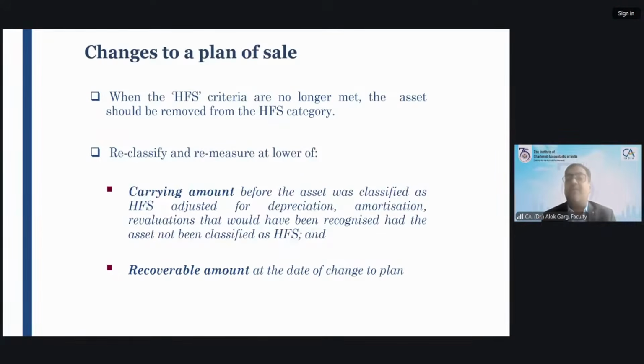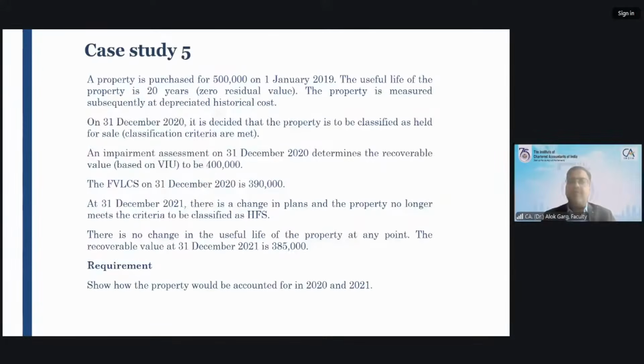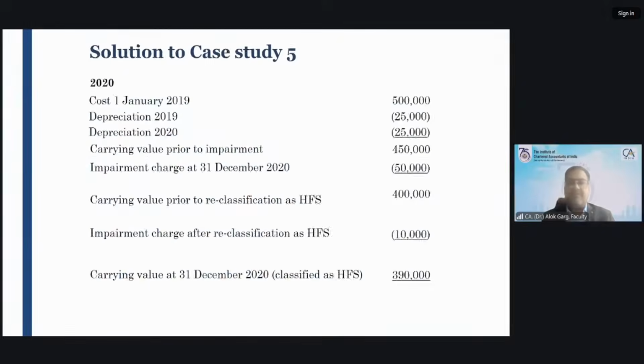Computed carrying amount means the carrying value had the asset never been classified as held for sale. Okay. And the recoverable value, right? We discussed this case study 5, which gives you the entire journey from PPE to 105 and 105 to PPE. We discussed this case study 5 as well, right?